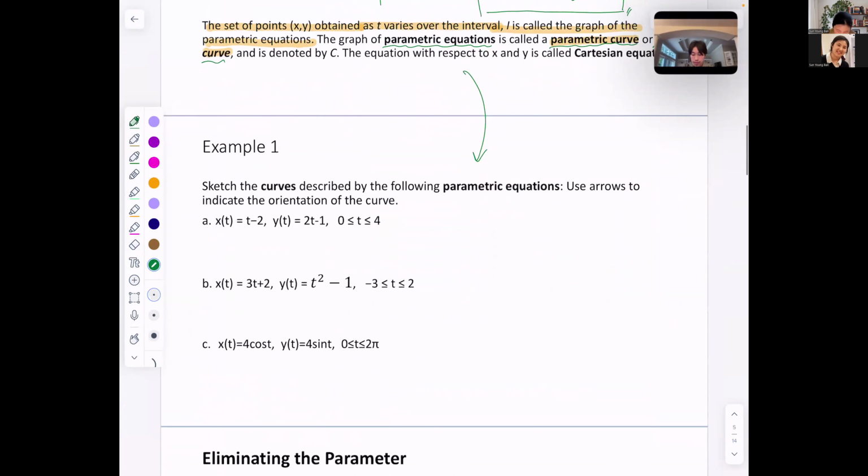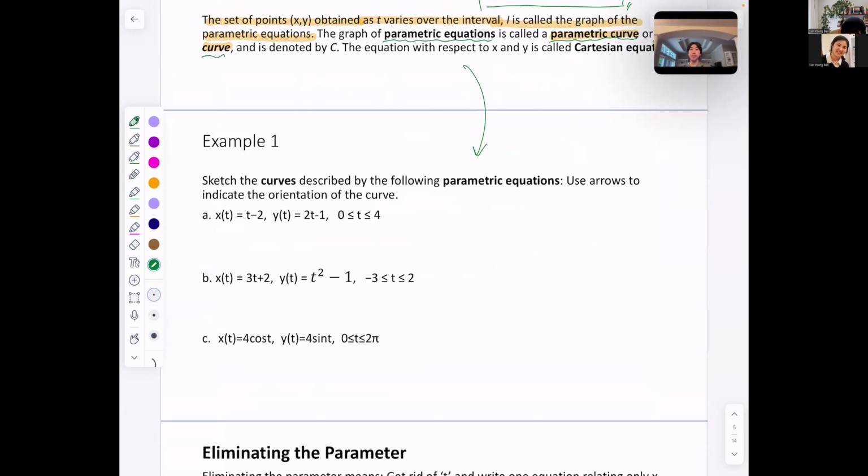So I'm gonna use this example. I have a parametric equation like this. X function, x of t, equal to t minus 2, and y function, y of t, equal to 2t minus 1. So I'm going to create a table. Maybe you can create a table with me. Then we have x of t equal to t minus 2, and y of t equal to 2t minus 1.